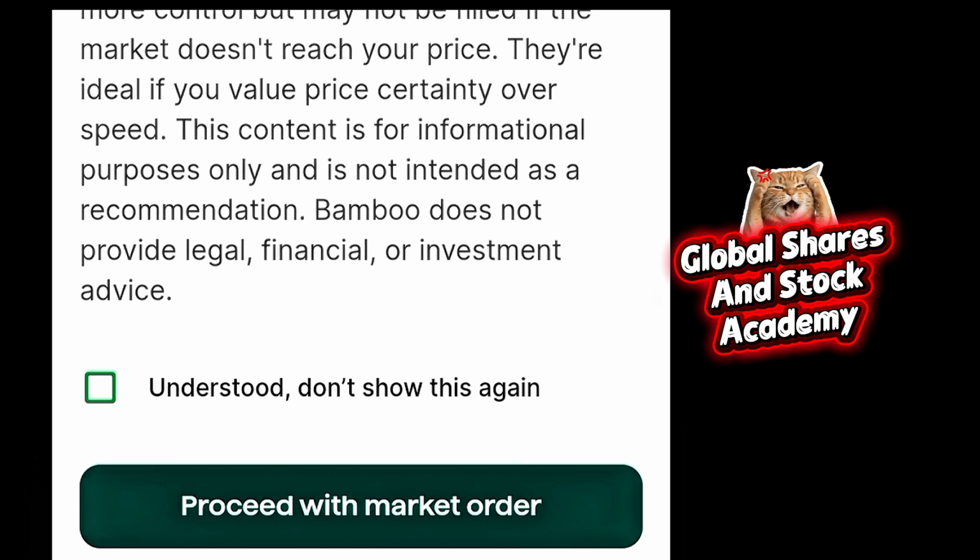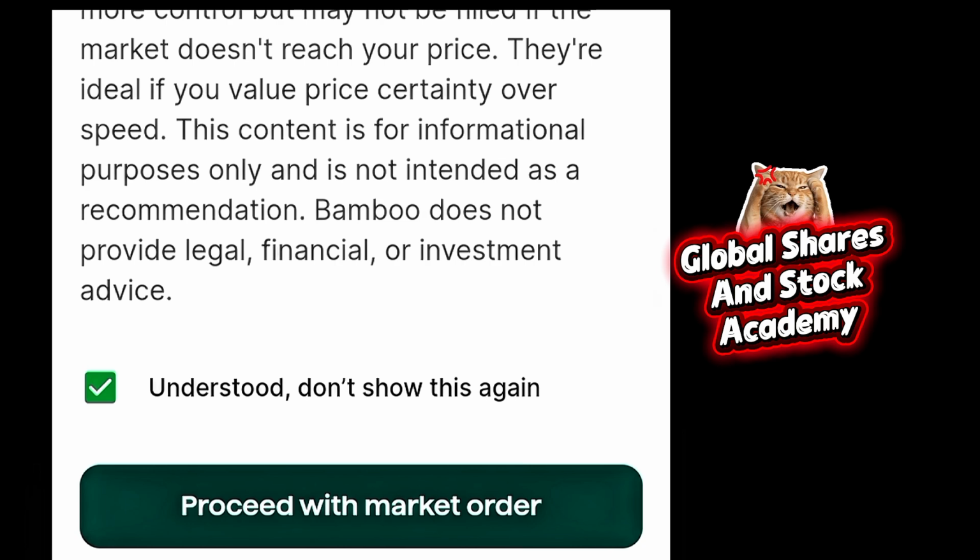So once you've gone through this and you understood what you read, you check this mark and then you proceed with market order. The market order simply means you want to buy at the present price of the market. So within the twinkling of an eye that you want to buy, when we started this video, it was showing 99 naira.